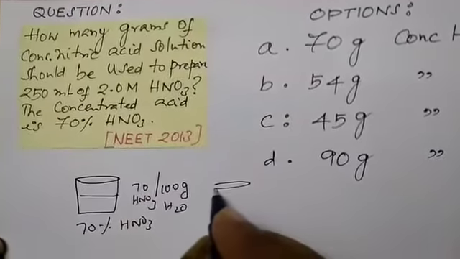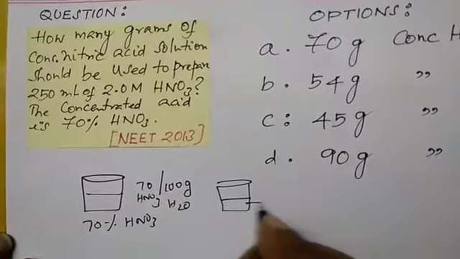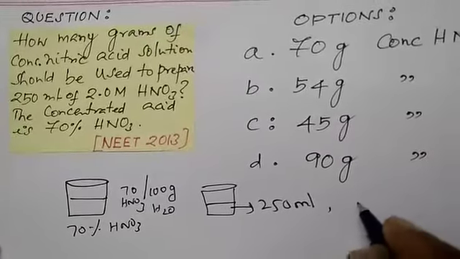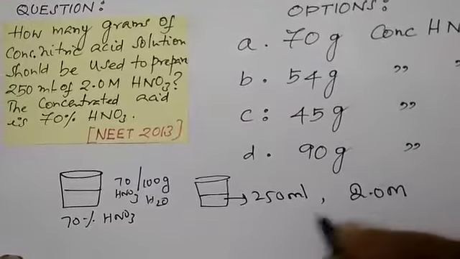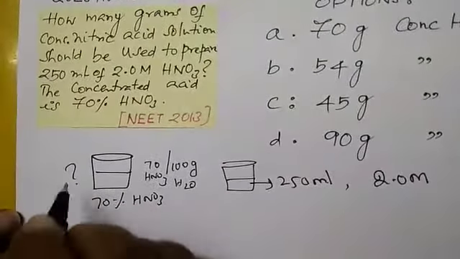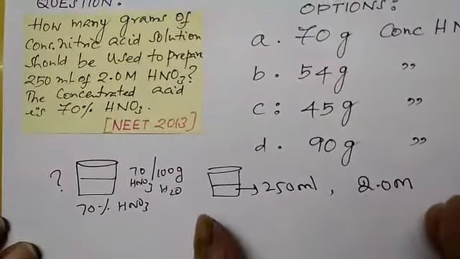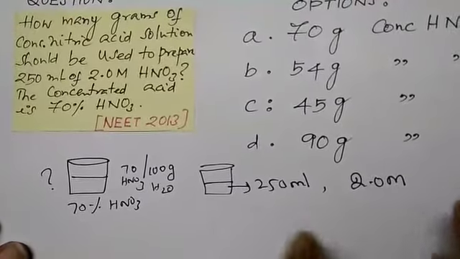From this we have to dilute or prepare a solution which has a volume of 250 ml and a concentration of 2.0 molarity. To prepare this solution, how much do I have to take to dilute? So this is our question. We have to divide this problem into two categories.